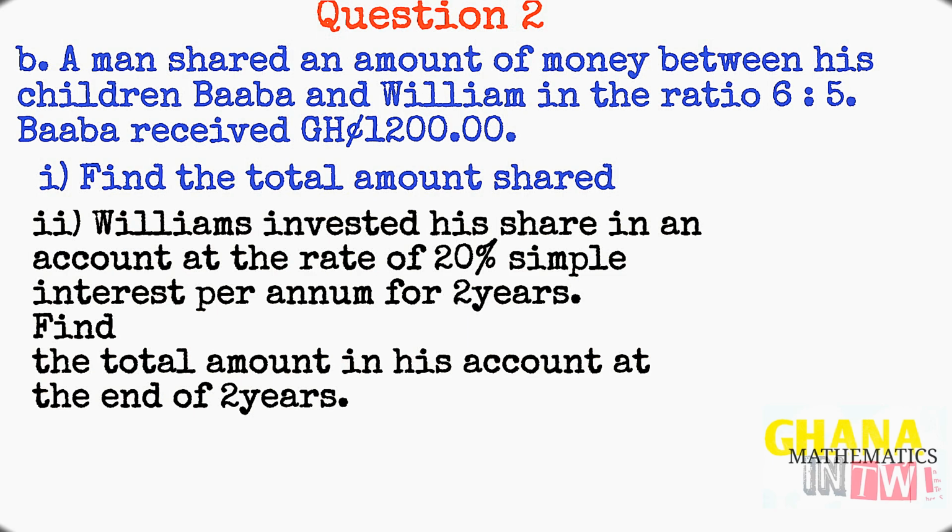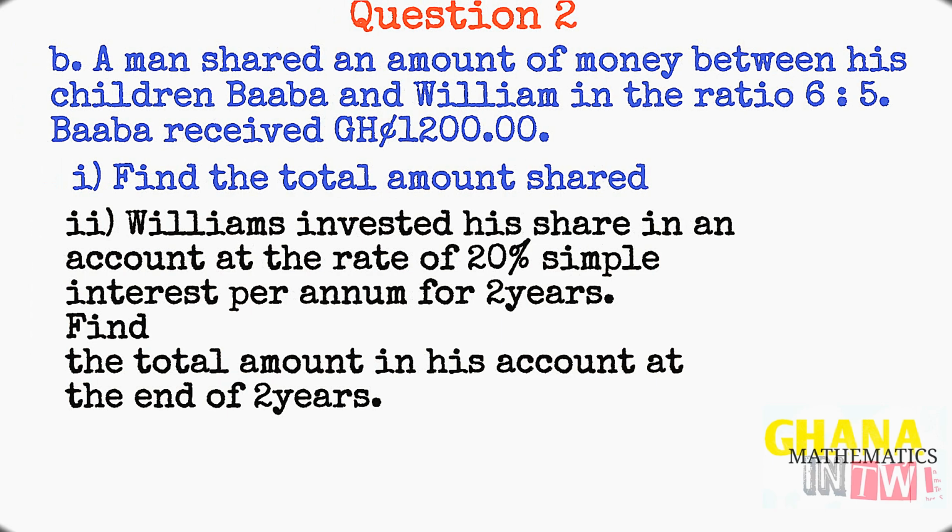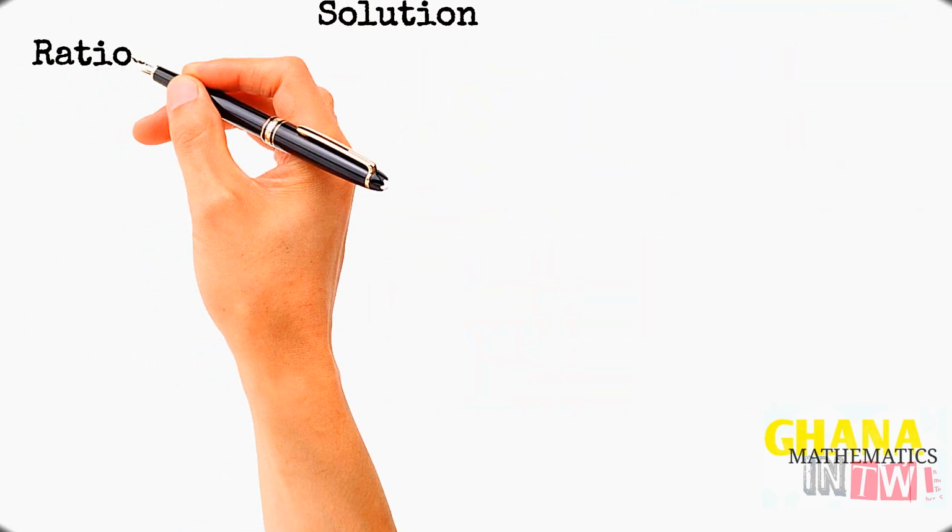Now, we know Baba's amount of money, which is 1,200 cedis. This can help us find the total amount shared. How? Okay, let's try to solve this. Before I solve, bear in mind numerator and denominator, as a fraction, and the equal sign.